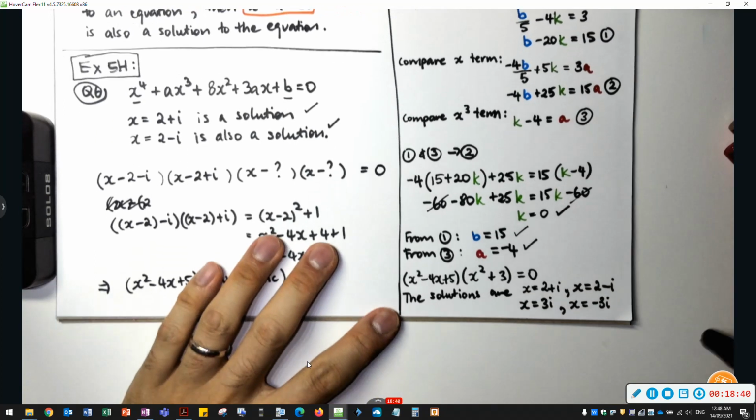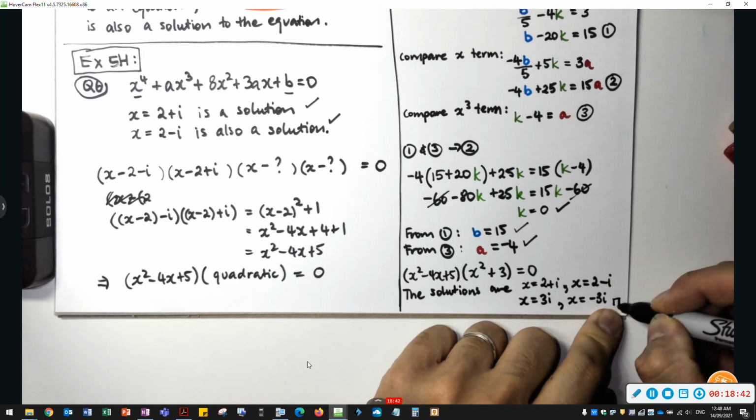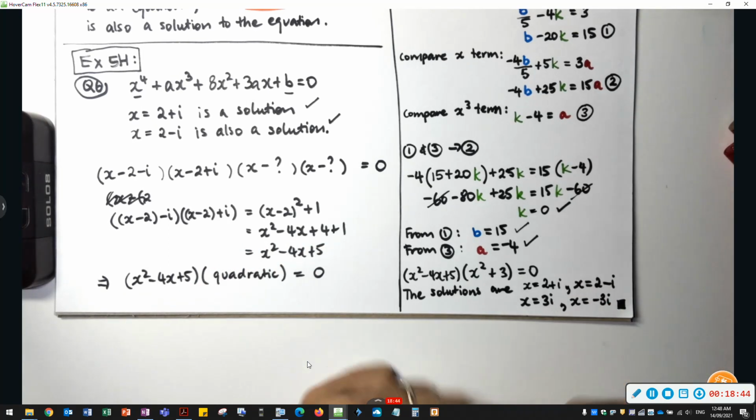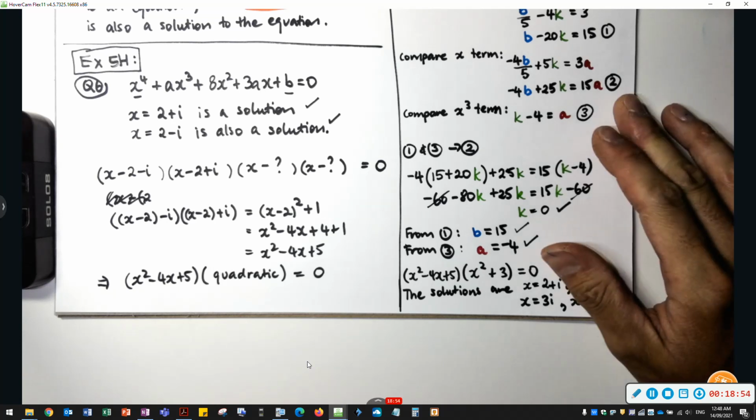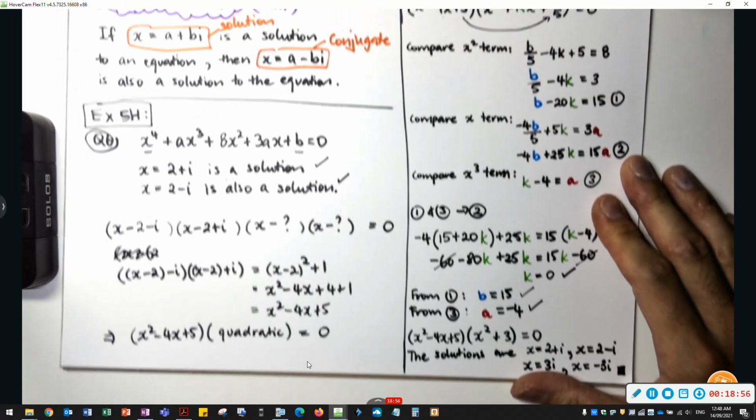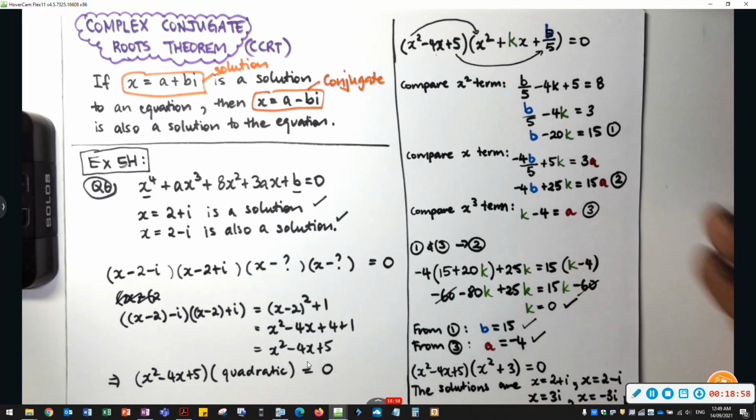Alright, because of the fact that I wrote 3i, which is a complex number, that means the conjugate should also be the solution as well. So overall, this is just an example of remembering that if you have a solution to an equation that's a complex number, then the conjugate must also be the solution.